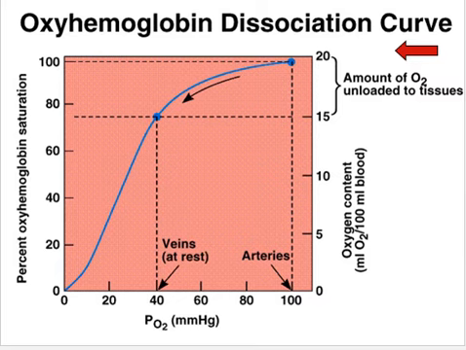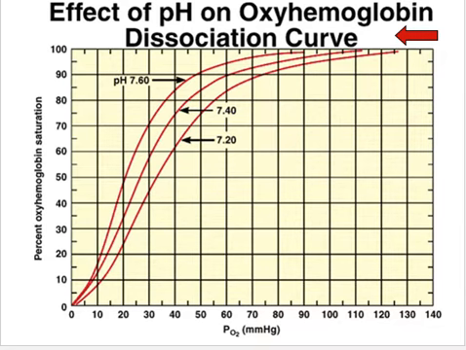There are other factors that affect the unloading of the hemoglobin more than we're going to get into in this class. Temperature has an effect as well, but one of them that is important to us is the effect of pH. So if you start exercising, you're going to start to produce carbon dioxide, and of course carbon dioxide, we're going to learn in a minute, associated with the increased CO2 will be increased acid. So the pH starts to drop in the tissue, also due to lactic acid that we've talked about.